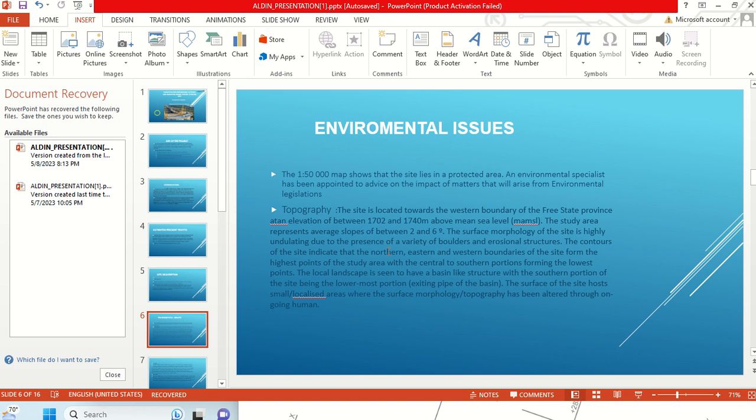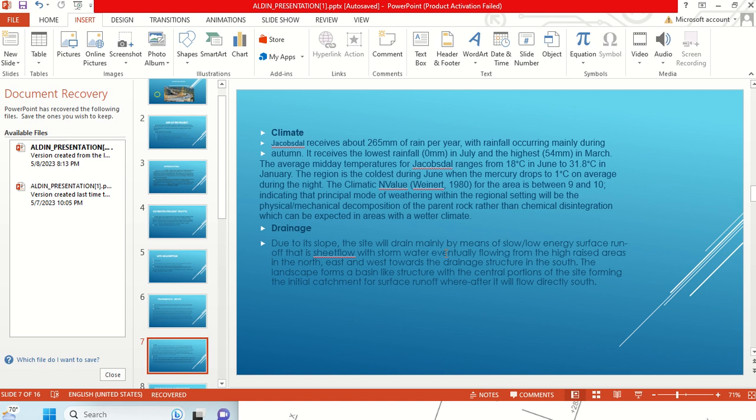The local landscape has a basin-like structure, with the southern portion of the site being the lower portion. The surface of the site hosts a small, localized area where the surface morphology and topography have been altered through ongoing human activity.